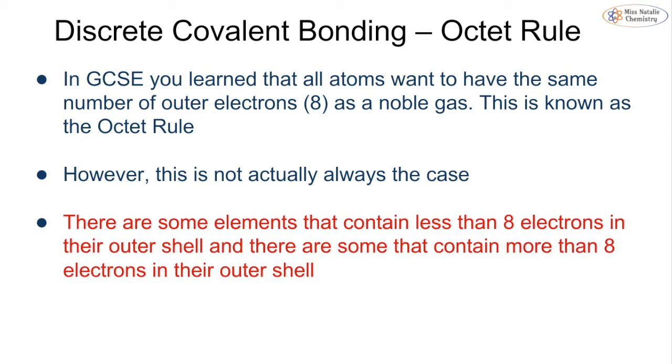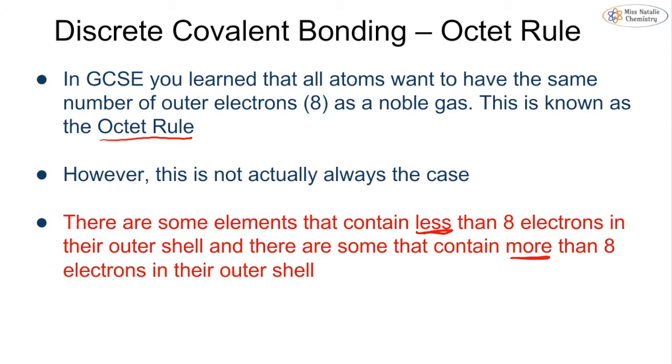Now, at GCSE, you learned that all atoms want to have the same number of outer electrons, which is 8, looking at a noble gas, and we called this the octet rule. Now, whilst this is the case for the majority of substances, it is not always the case. There are some elements that contain less than 8, and there are some elements that contain more than 8 electrons in their outer shell.